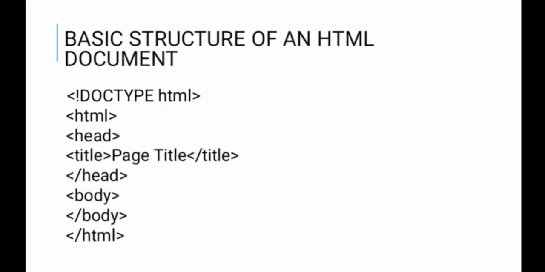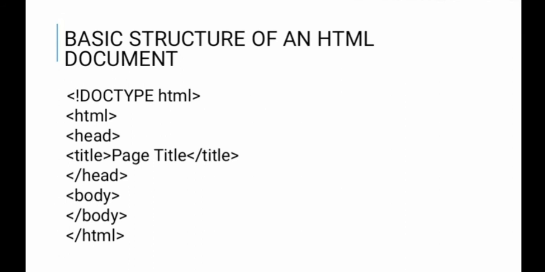Coming to the basic structure of an HTML document. Every HTML document must begin with the doctype declaration. The doctype declaration is used to specify what type of document it is. And this doctype declaration defines that this document is an HTML5 document.